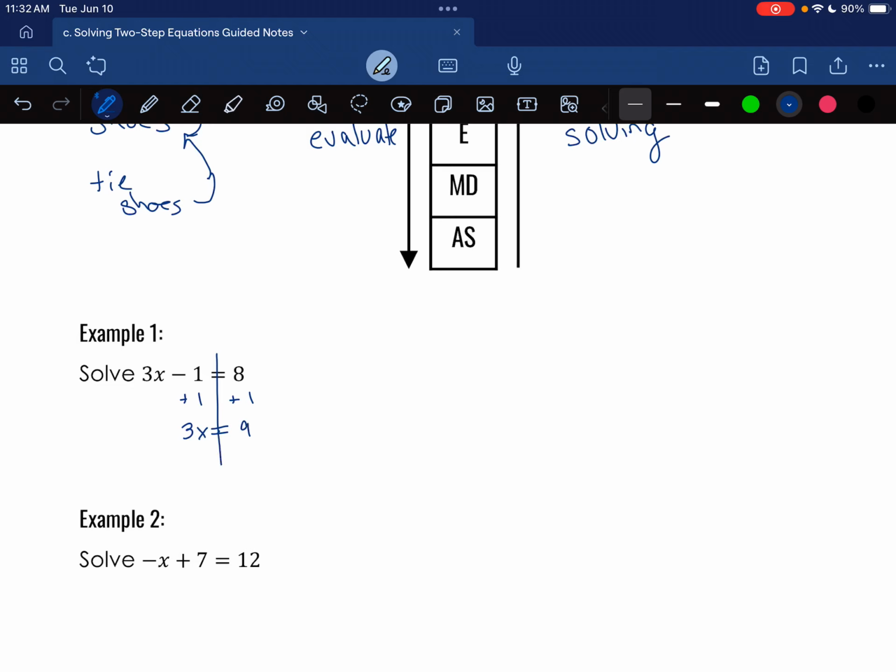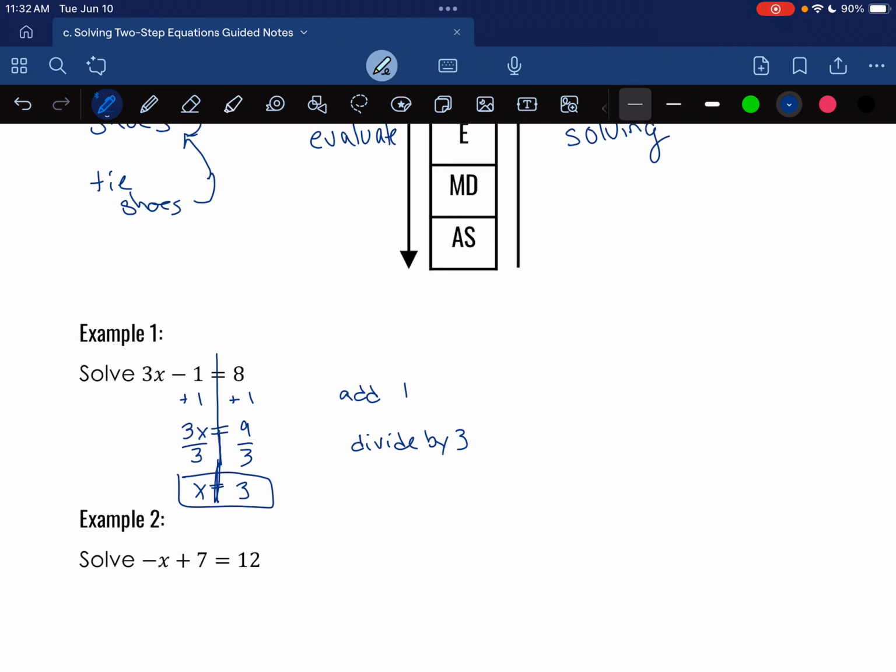Now I have to divide both sides by 3, and I'll end up with x is equal to 3. So again, the order in which we did that was we had to add 1, then we had to divide by 3, and that's how we found our solution.